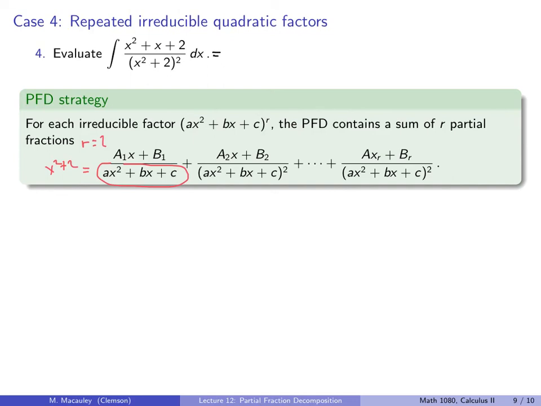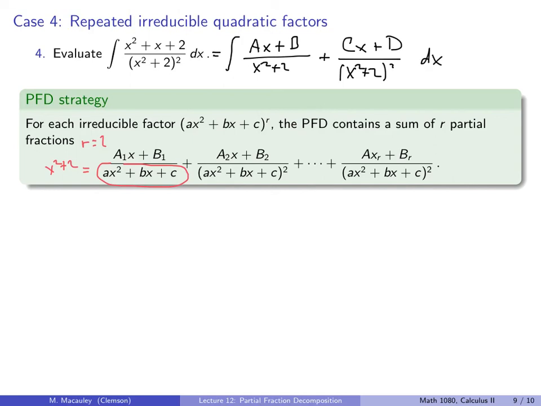So this is just the integral of, we need an (ax + b) over (x squared + 2), but we also need another one for (x squared + 2) squared. So we need a (cx + d) dx.